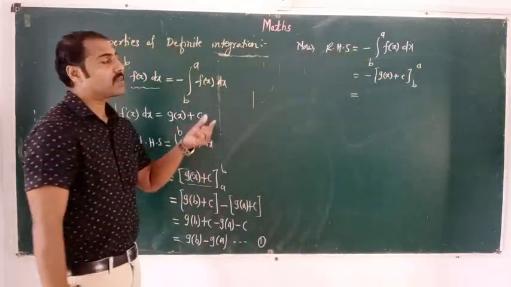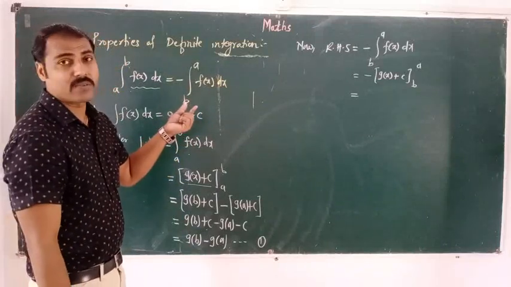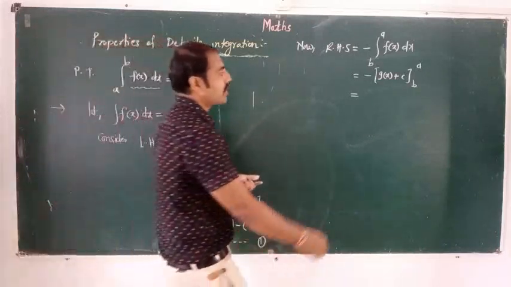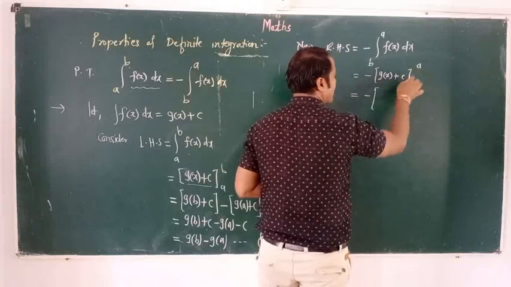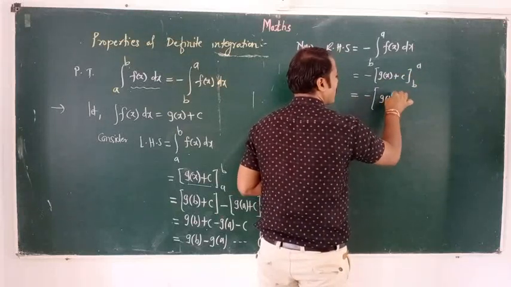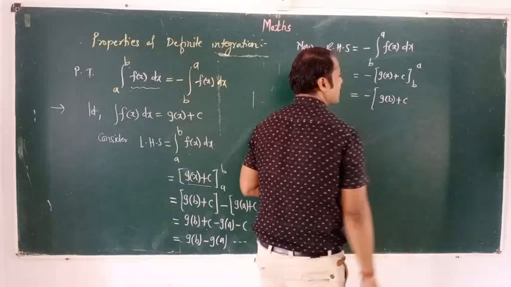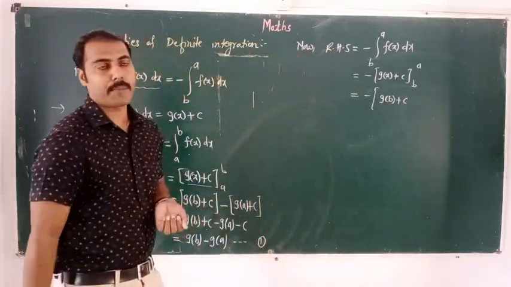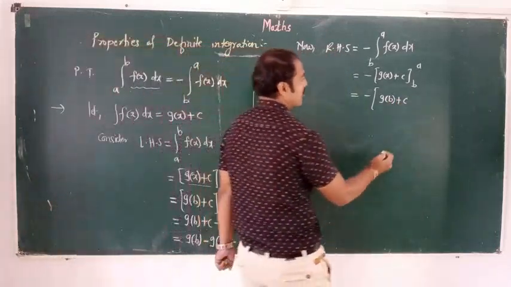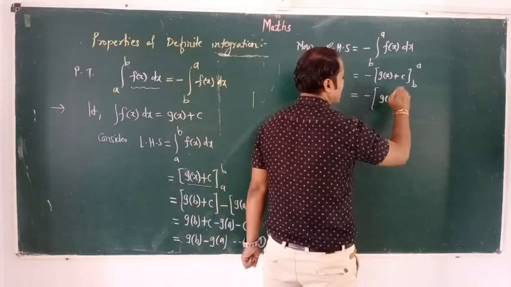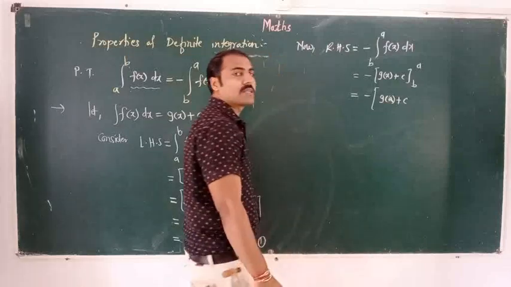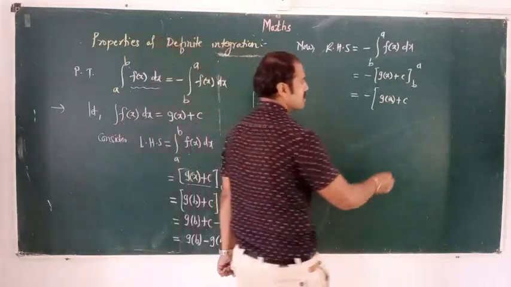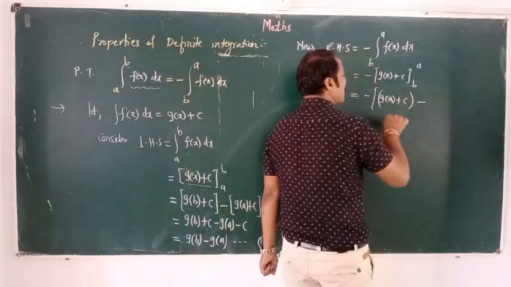Find the value of the primitive at the upper limit minus the value of the primitive at the lower limit. Replace x by the upper limit. Sorry, here the upper limit is a. So the value of the primitive at the upper limit is g of a plus c, minus the value of the primitive at the lower limit.